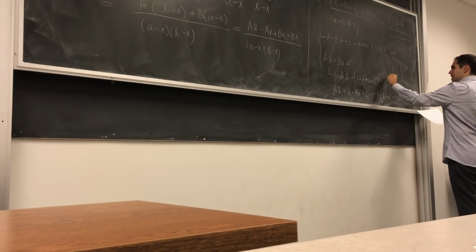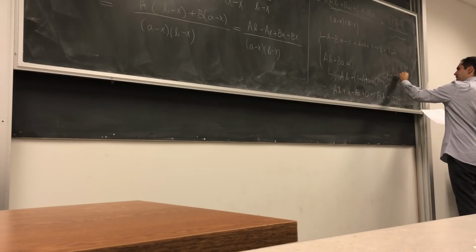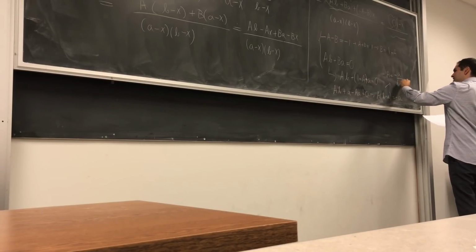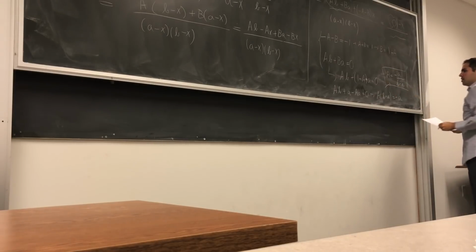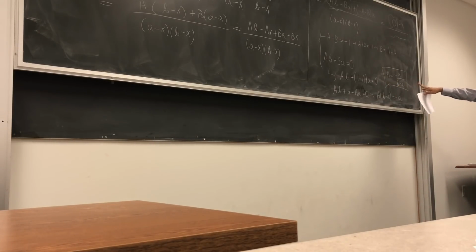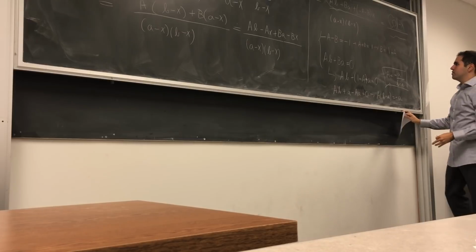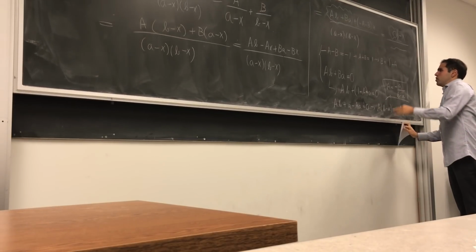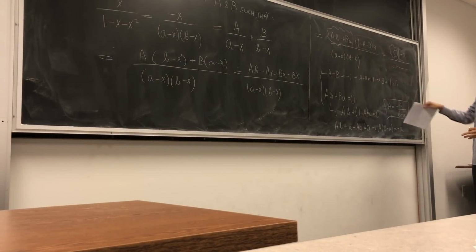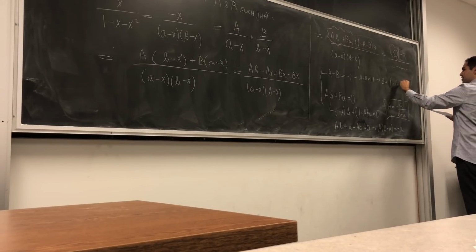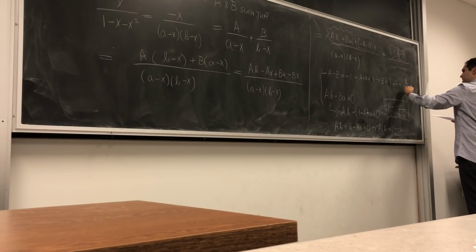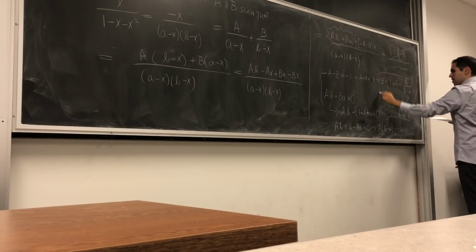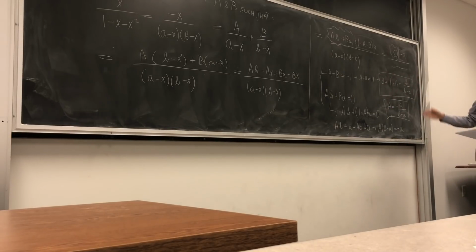So capital A is minus a over (b minus a). And remember, small a and small b are given in terms of the golden ratio. And it turns out, if you calculate 1 minus A, you get simply b over (b minus a). So the point is, capital A and capital B are now found in terms of constants that we know.